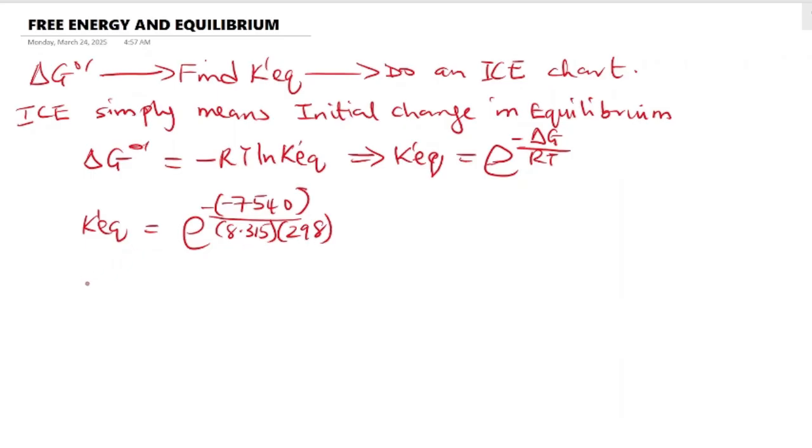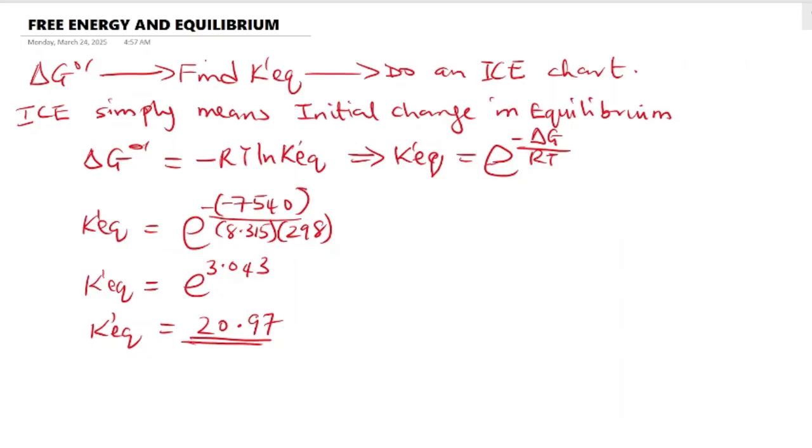Okay, so K_eq, solving that out, is e raised to the power of 3.043. As such, K_eq gives you 20.97. So that's our equilibrium constant.